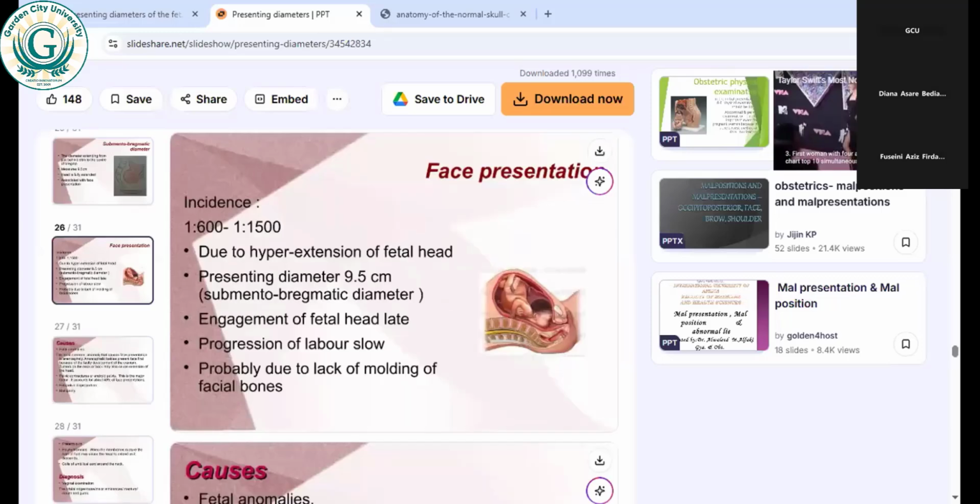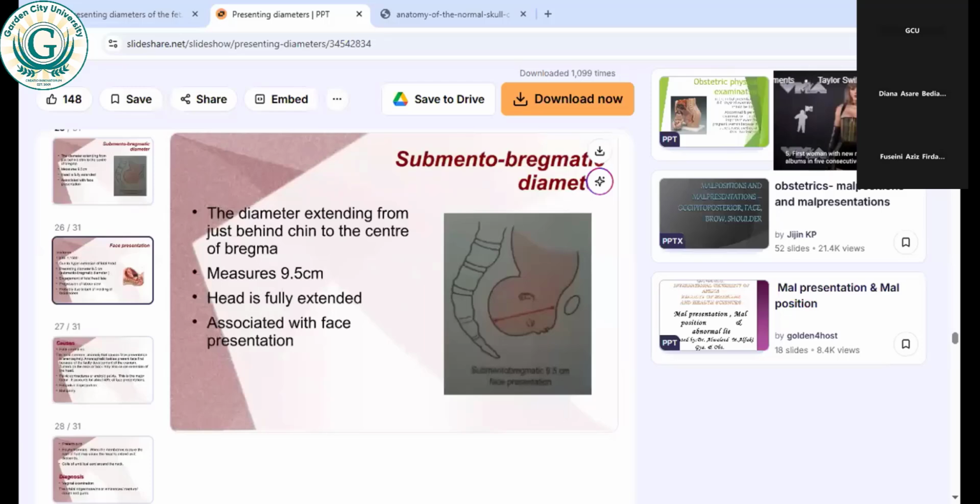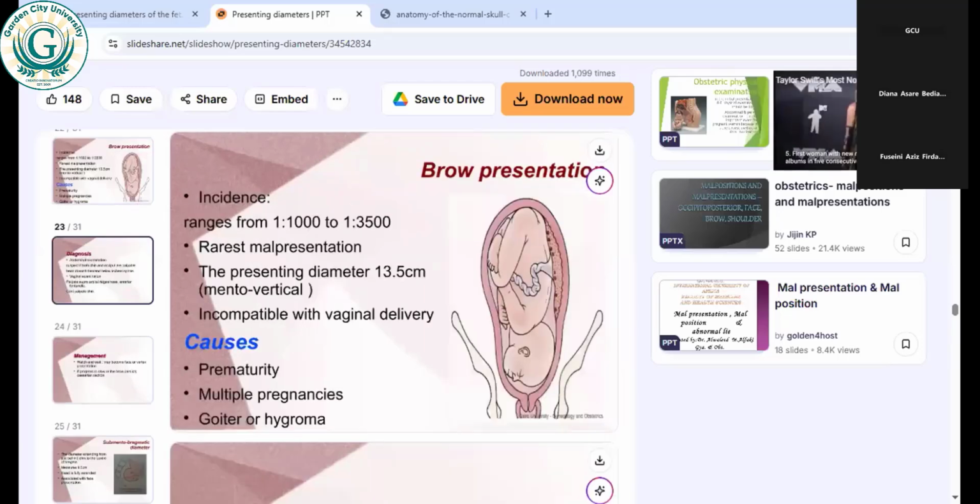Brow presentation. When the head is partially extended, it's more like the fetus has raised the head. They'll say that the fetus wants to see what is already outside.